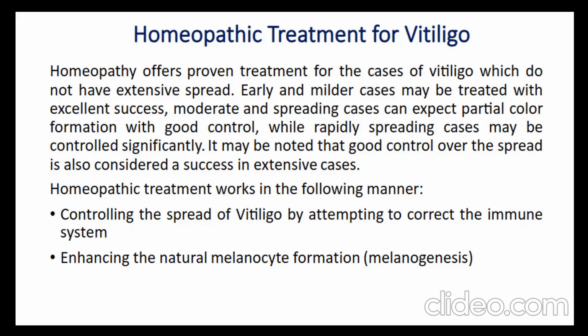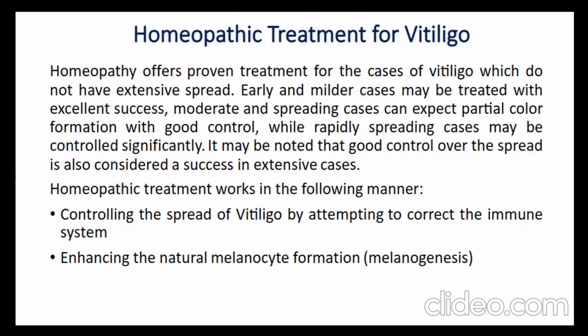Moderate and spreading cases can expect partial color formation with good control, while rapidly spreading cases may be controlled significantly. It may be noted that good control over the spread is also considered a success in extensive cases. As we know, it is not completely curable. So we can treat partially or we can stop the spread of vitiligo patches.